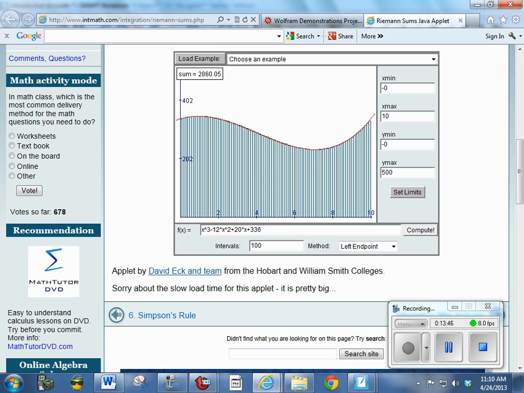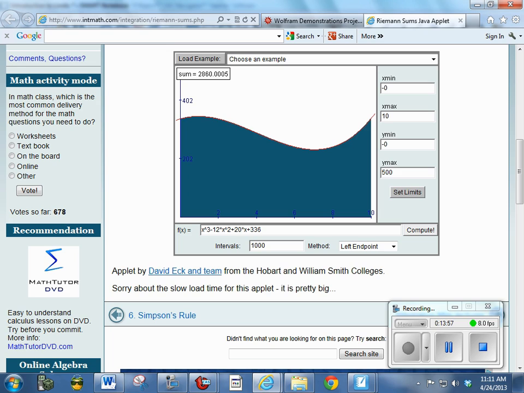Now, imagine going to an infinite number of rectangles. I can't do that in here, but let me show you what 1,000 looks like. 1,000 pretty much looks like the area under the curve. So if we were to increase the number of rectangles to an infinite number, we would get the area under the curve. So I'm going to go back to my original one to set it back for later.